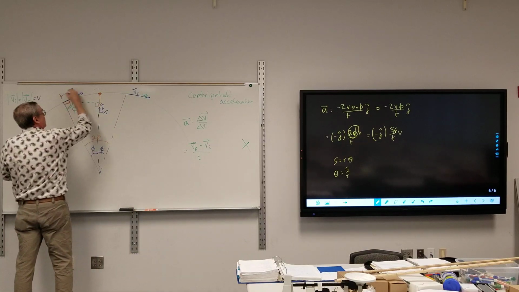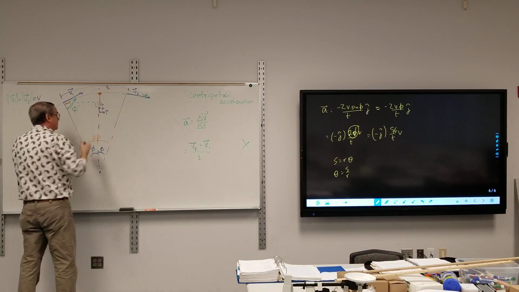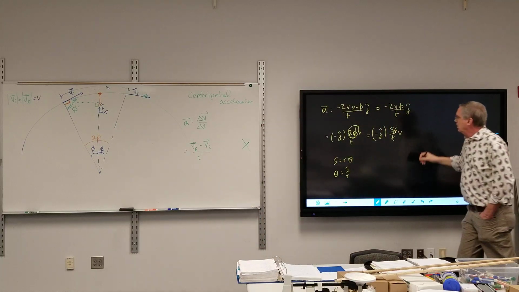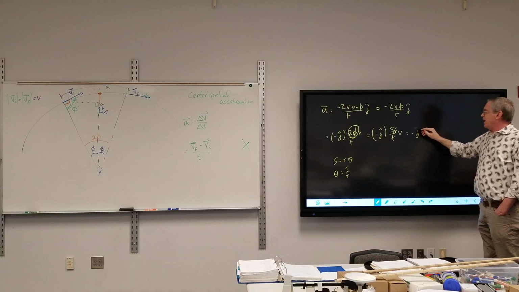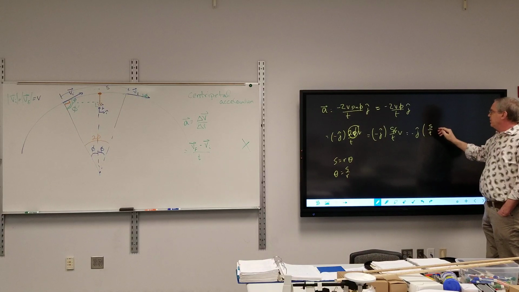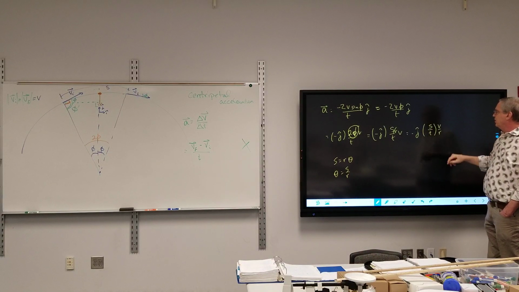The distance from here to here is S. So this is negative j hat, S over time times V over R.